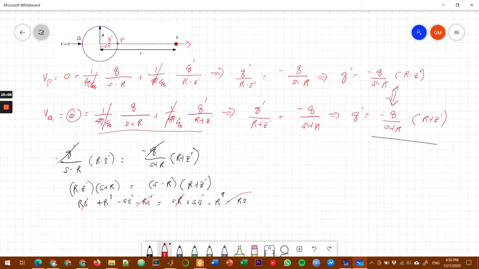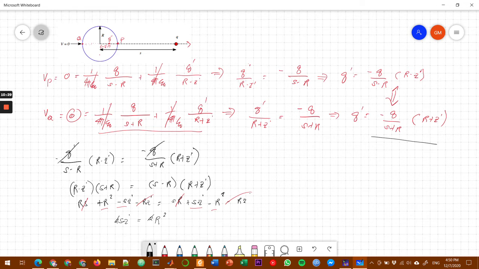So kaning SZ prime, tara, pareho man na sila. So ako siya ibalhin sa pikas, ug ang R squared pod, balhin sa pikas, we will get 2SZ prime equals 2R squared. So cancel ang 2.